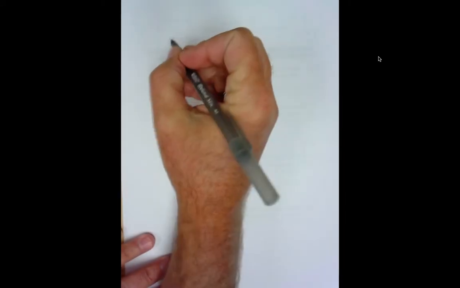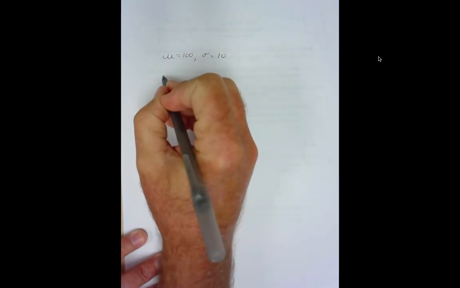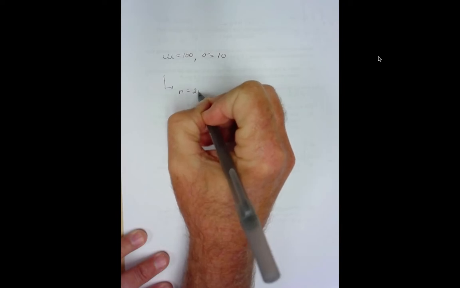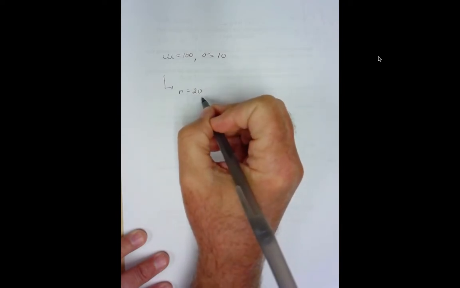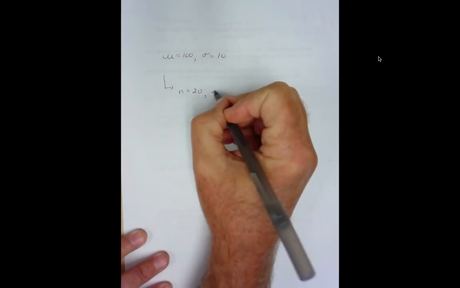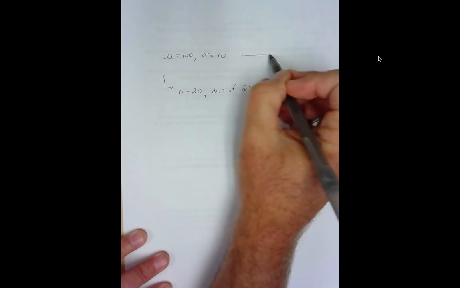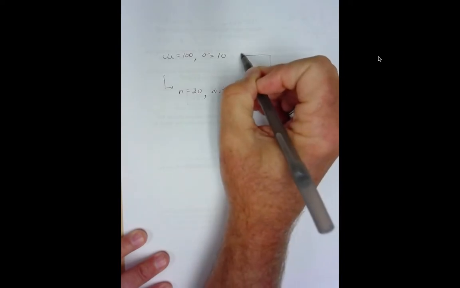All right, what is the difference here? Let's say we have a mean of 100, standard deviation 10, but we want to draw samples of size 20 from this distribution, analyze the distribution of the sample means, and compare this distribution with this distribution.